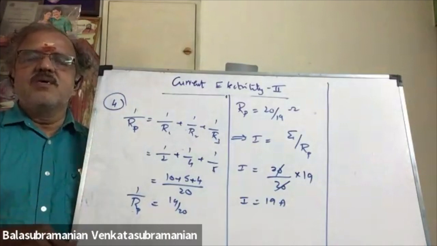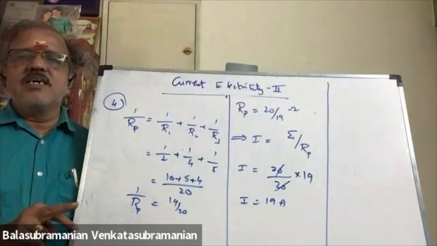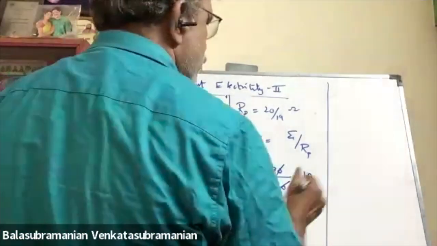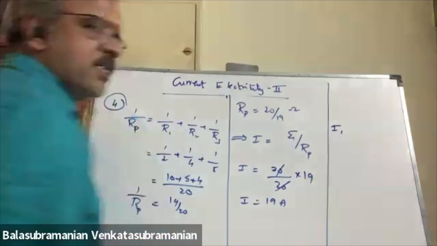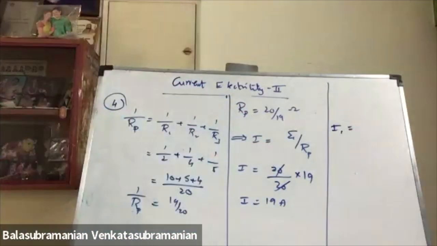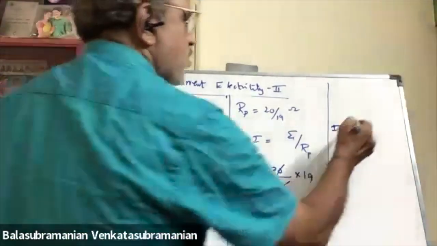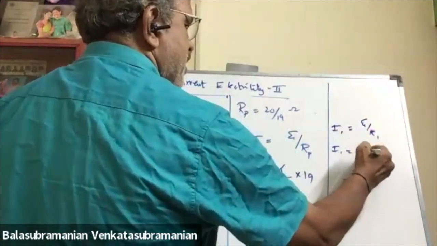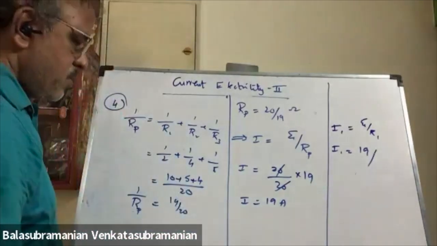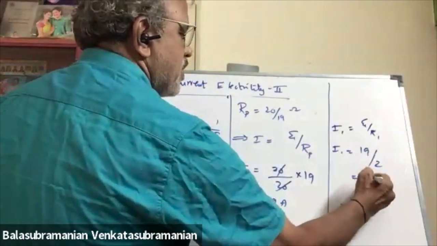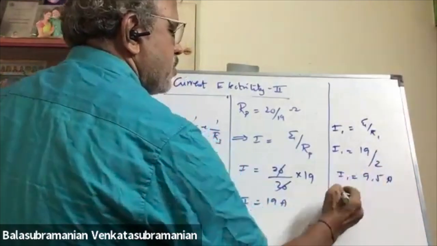In parallel connection, current flows in different amounts. That is I1 is equal to V by R1, or psi by R1. No problem. Psi by R1, what is psi? 19 by R1 is 2, 9.5 ampere.